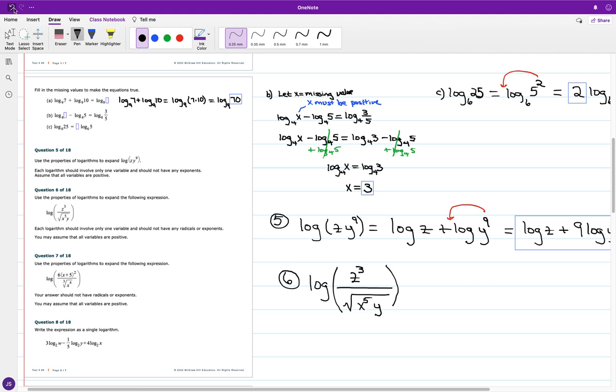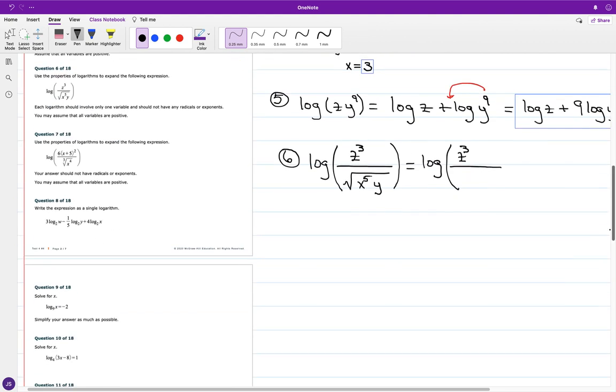And say if I look at writing in terms of non-integer powers what we have in the radical, so I have the base 10 logarithm of z to the 3rd. I'm just going to mention now, if you notice in the denominator, I have the square root of x to the 5th times y.